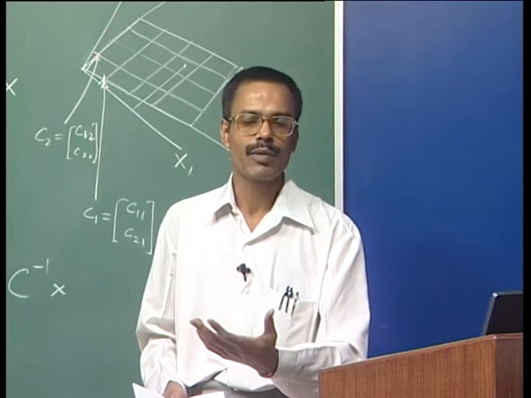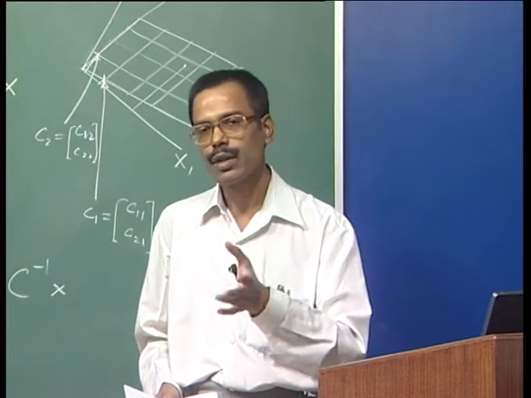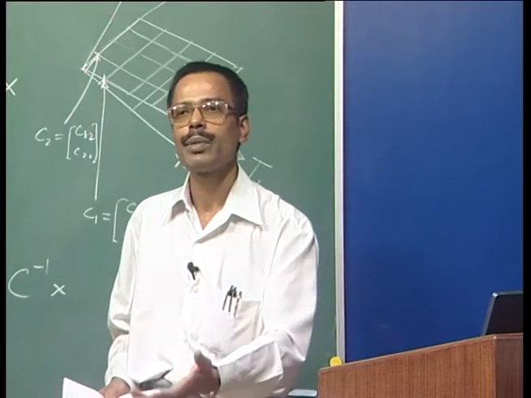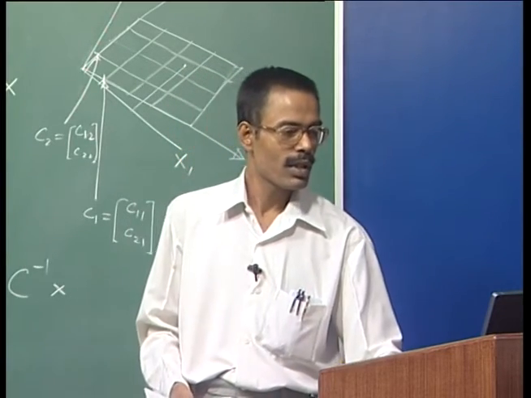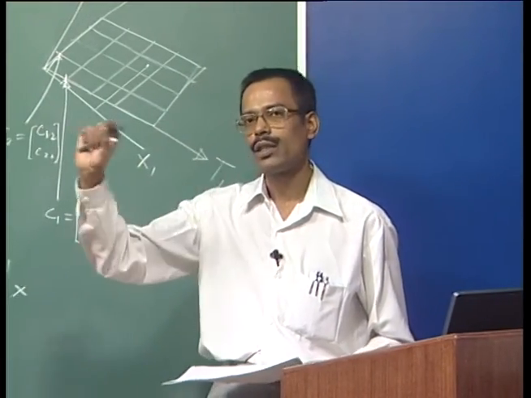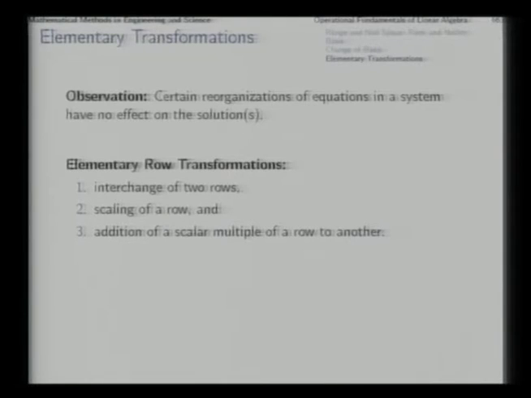It has the basic difference of expressing the same relationships in a different manner. For example, if we interchange two equations, the first equation we write at the third location and the third equation we write in the first location, then the system does not change.